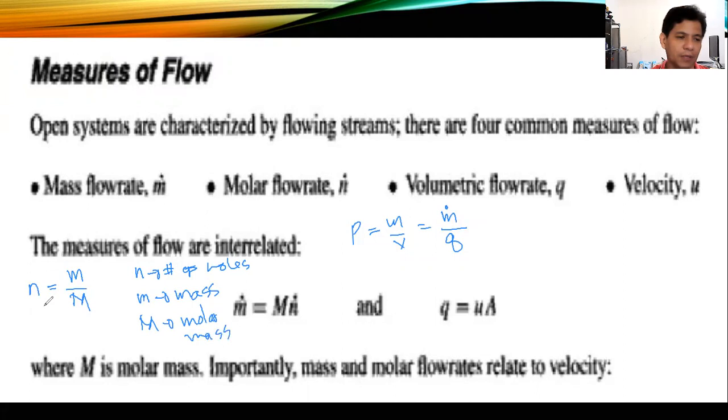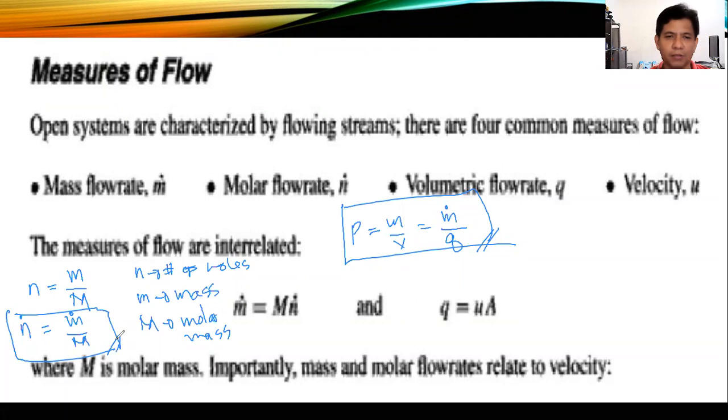Do you still remember this equation? Number of moles is equals to mass divided by molar mass. So at the same way, kamukha nitong sa density, you can also relate molar flow rate, that's n dot, no, to mass flow rate by dividing mass flow rate with molar mass. So ang mga bagong equation natin ngayon sa thermodynamics ng chemical engineering, itong dalawa.